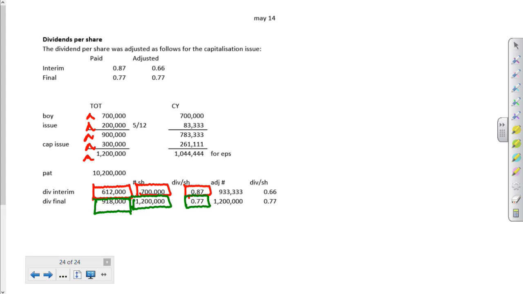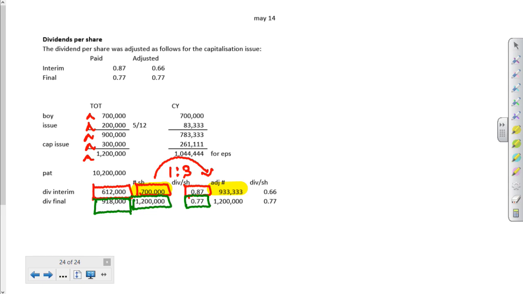Then what I need to adjust is this number for the cap issue. So I need to add a third. So I divide by 3 and then I add it on. Yeah, 1 for 3, so I divide by 3 and times by 4 basically.